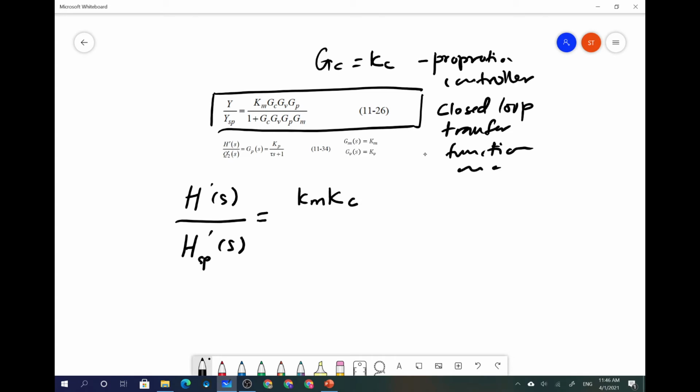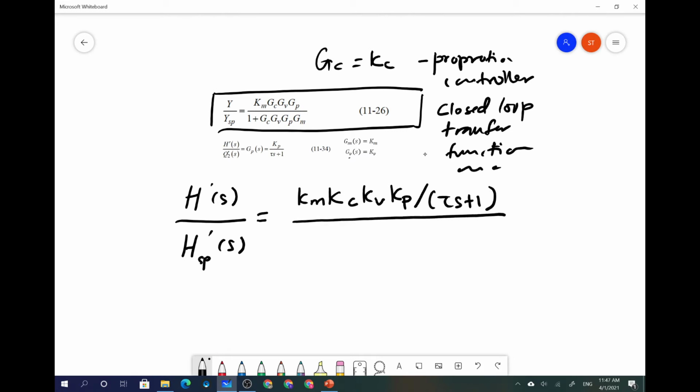So proportional controller, GC is equal to KC, and then GV is equal to KV, and then GP, which is the transfer function for the process, we have Kp divided by tau s plus 1.